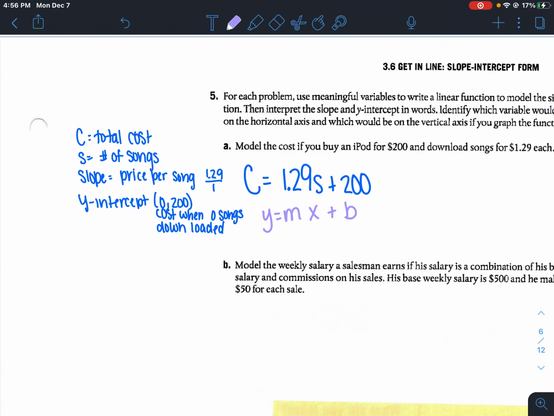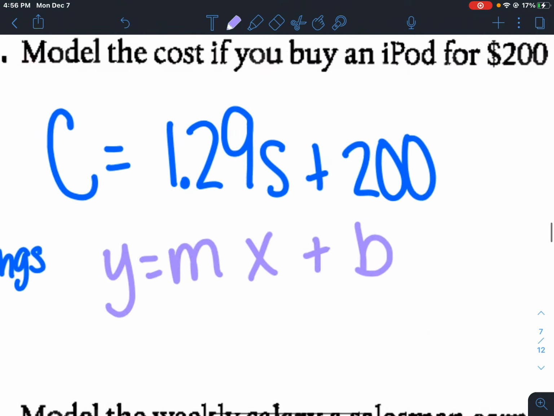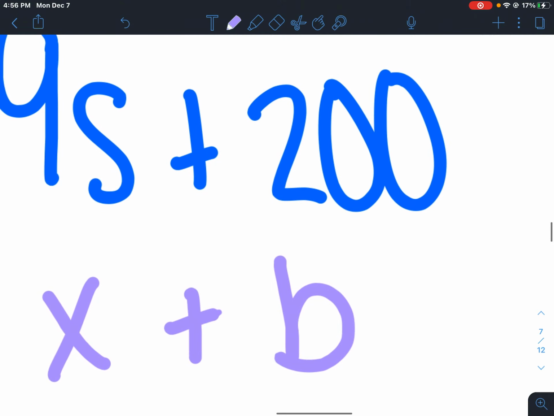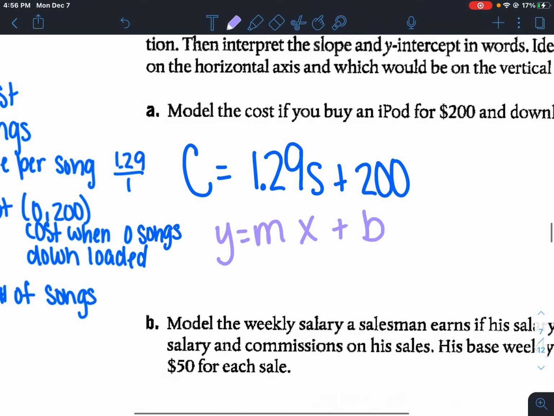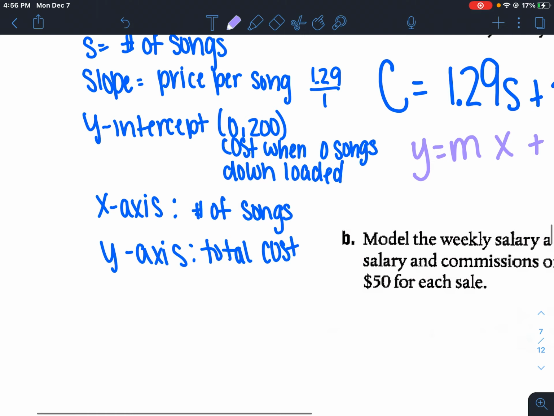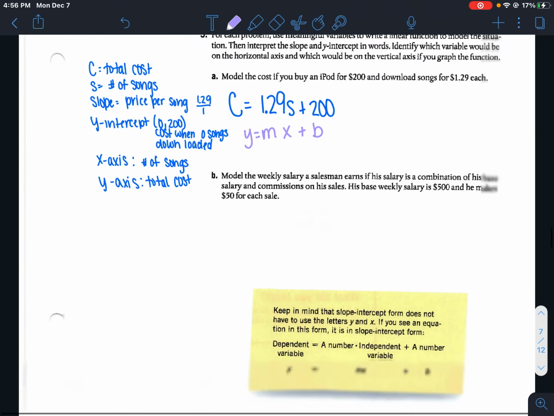Then, which values would be on the x-axis and which values would be on the y-axis. X values represent the number of songs I'm downloading, S and X songs, okay? And then my y-axis would be the total cost, because those are my y variables.